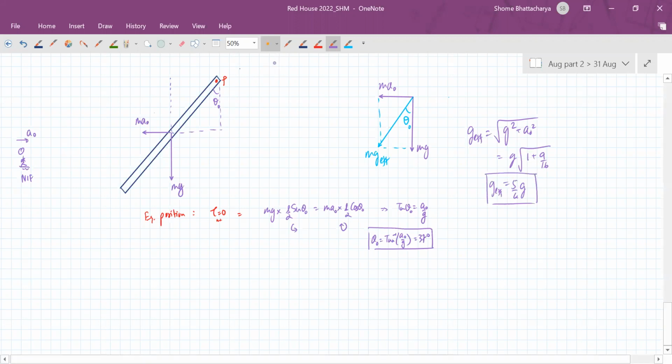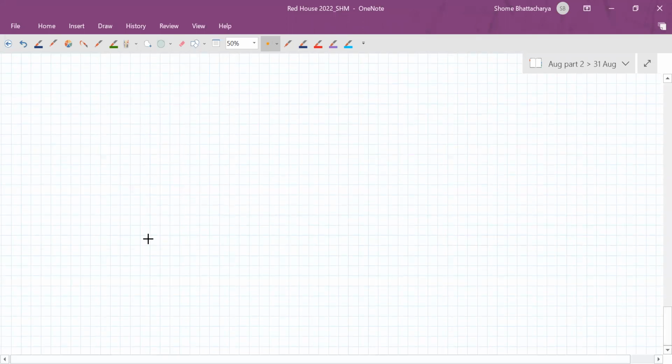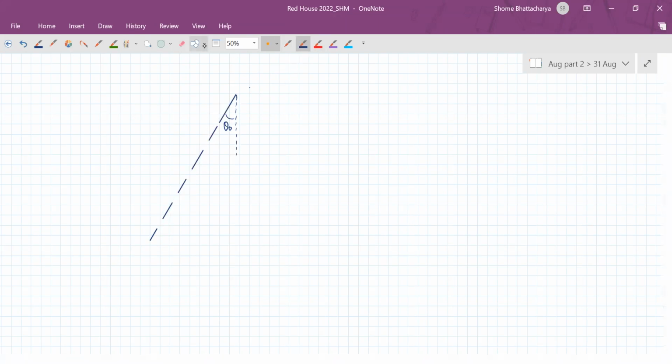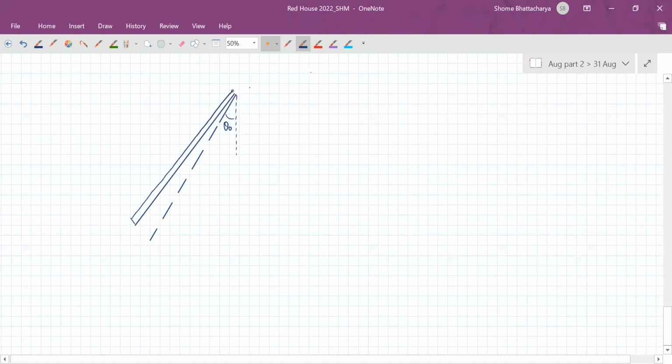So this will really help simplify solving of the second part of the question. So there what we are doing is, suppose from this equilibrium position, suppose we are now taking the rod to a position where it has an angular displacement like this, theta, then it's like the effective weight will be acting through this point. Now that will be an arrow that is acting parallel to this line.